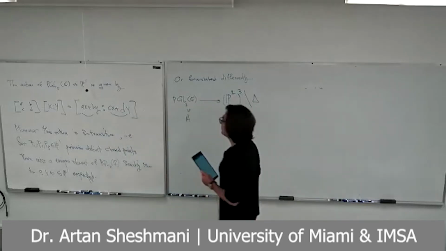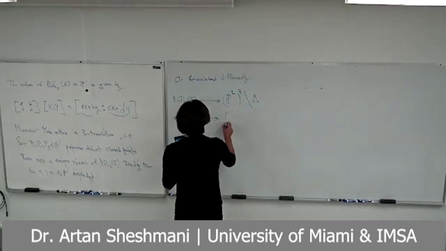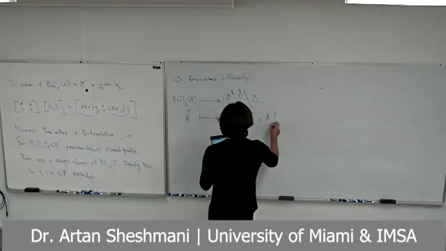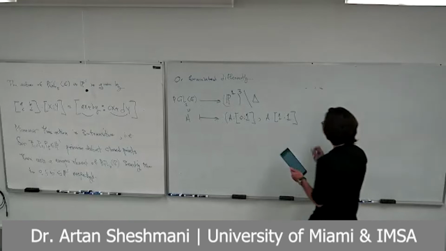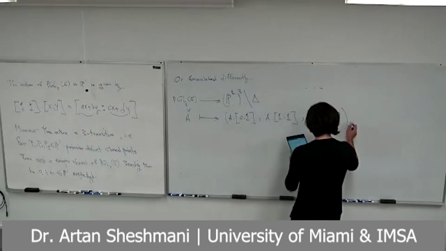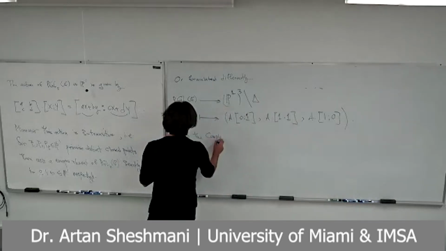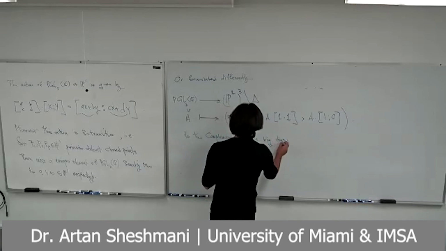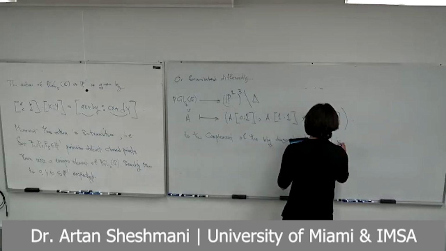If I take a 2 by 2 matrix with non-zero determinant in PGL2C, then via this map, it gets mapped to its action on the 3 canonical points of P1: the 0 point, the 1, the middle of P1, and the infinity point of P1, to the complement of the big diagonal delta in P1 cubed. This is an isomorphism.